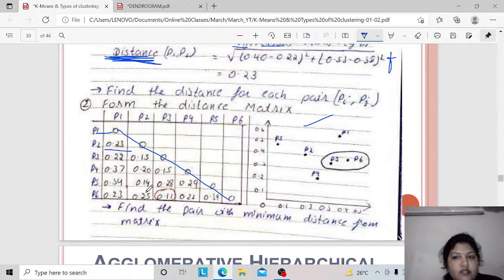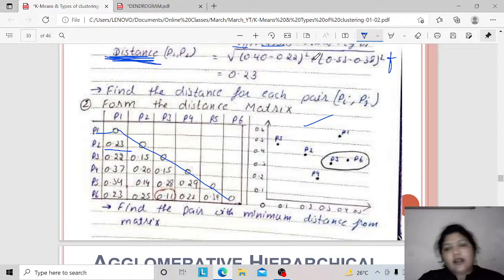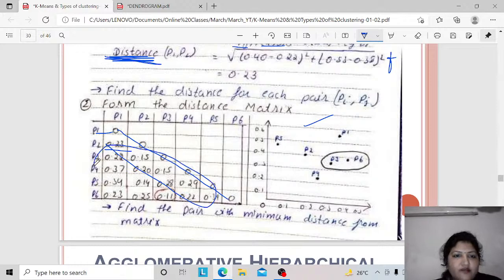So here we can say that it is nearer to 0.25, right? So here again, first of all, how are you going to cluster it? First you calculate the distance of all the data points.